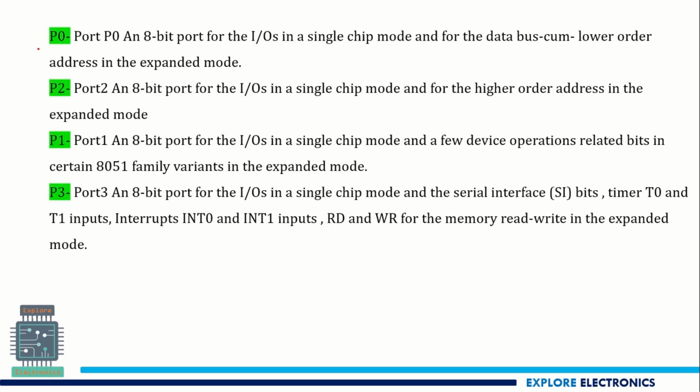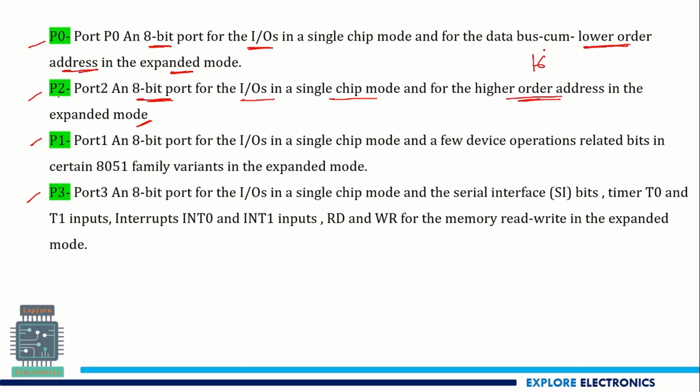And then we have ports P0, P2, P1, P3. P0 is an 8-bit port for IOs in single chip mode, or for the data bus and lower order address in the expanded mode. P2 is also an 8-bit port. It is for IOs in the single chip mode, and for higher order address in the expanded mode.